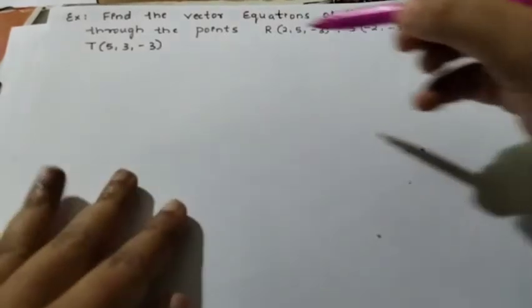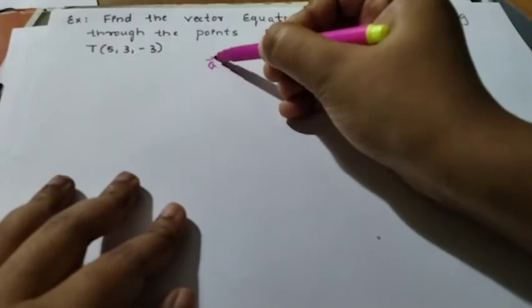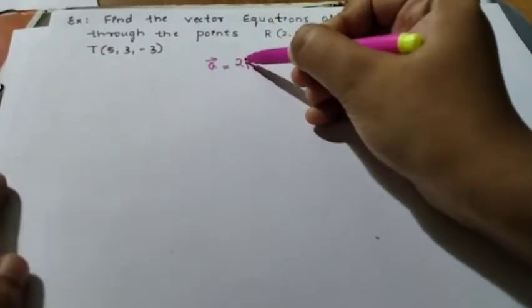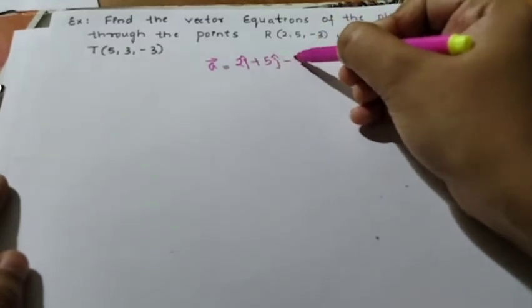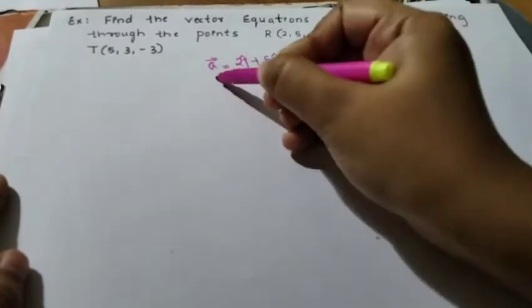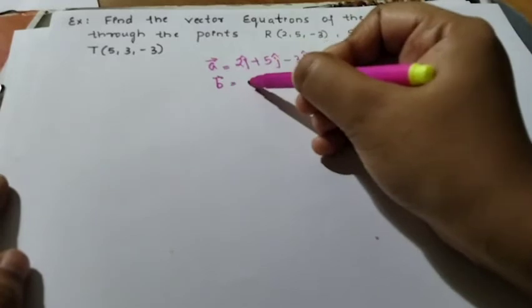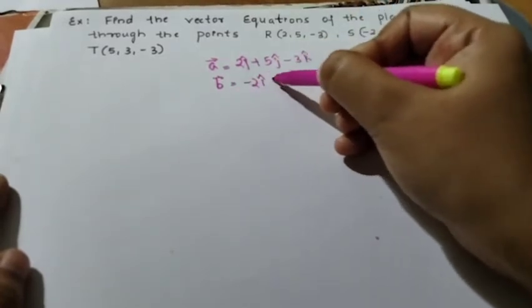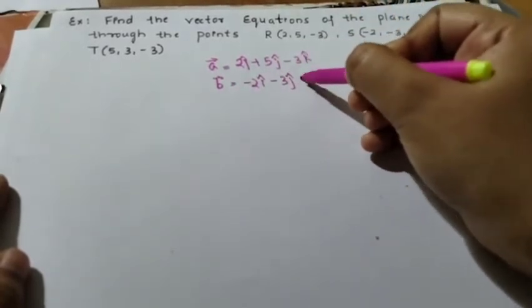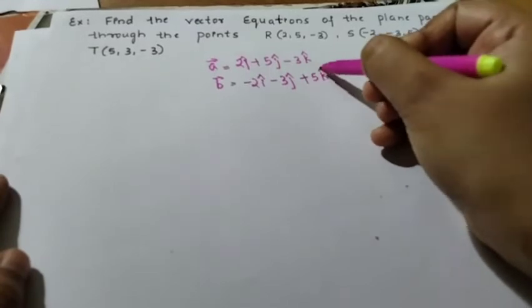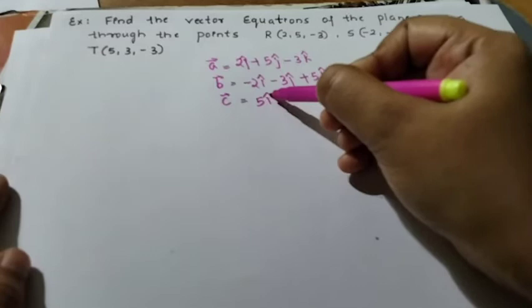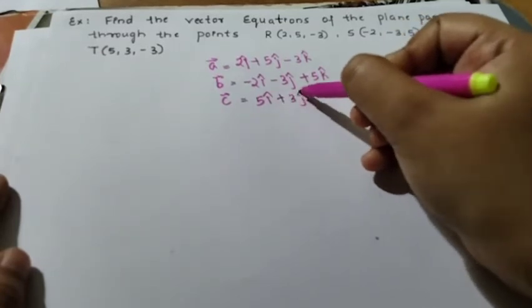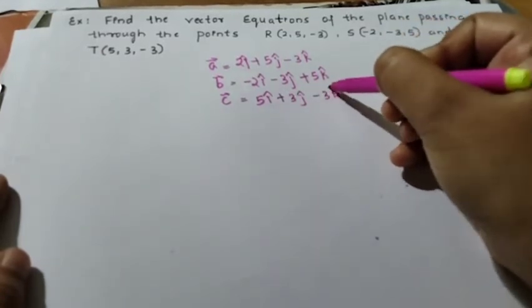So you have to write the position vectors of those. A is equal to 2i plus 5j minus 3k. Then B is equal to minus 2i minus 3j plus 5k. And C is equal to 5i plus 3j minus 3k.